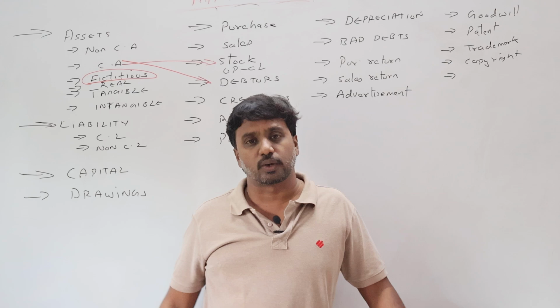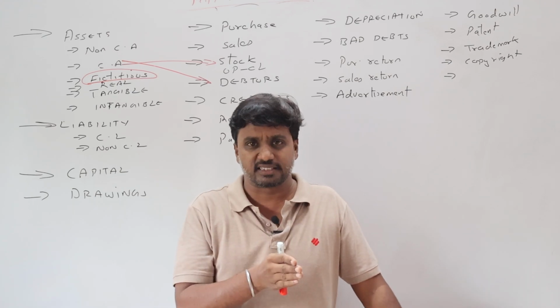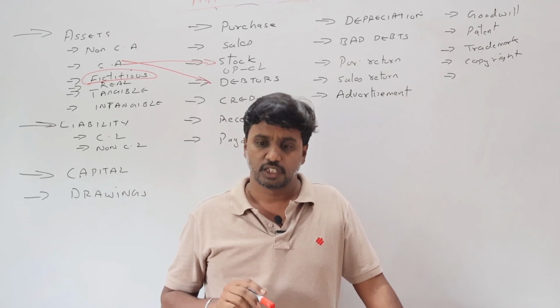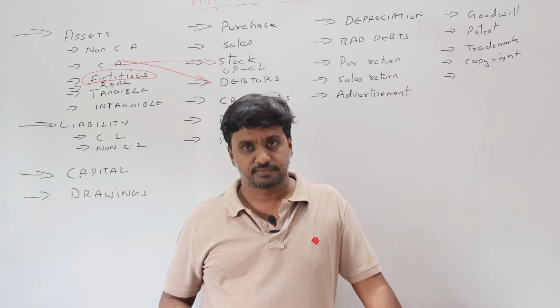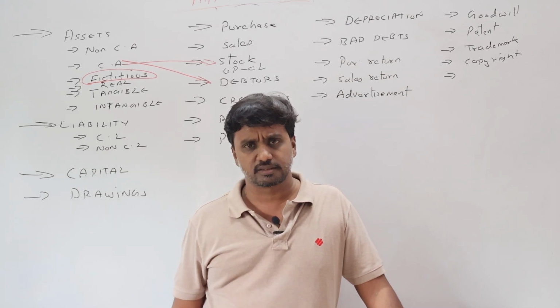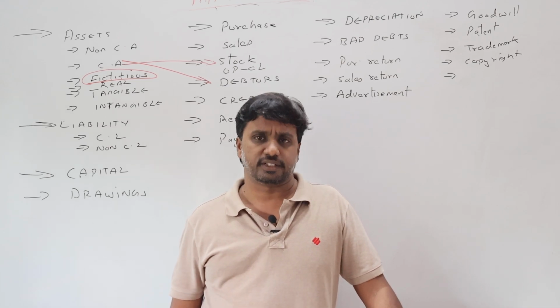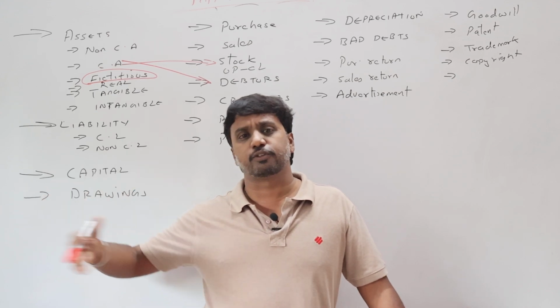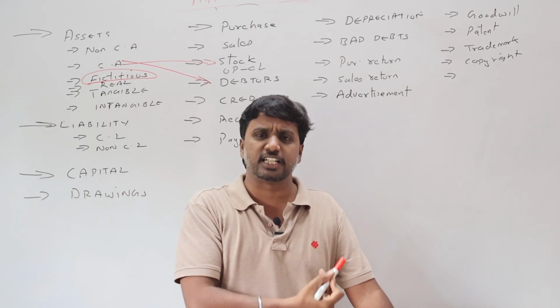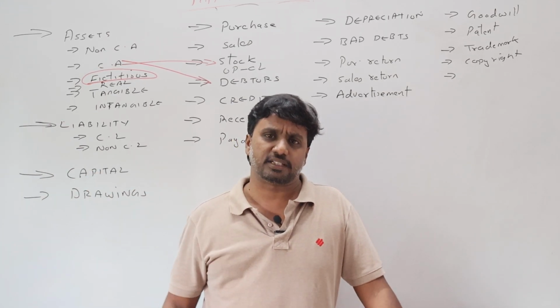In business, sometimes what happens, so far I gave you real life examples, now let me give some business examples. You have paid a large chunk of money for certain expenses, advertisement expenses, but you are not getting any benefit out of it. Or else you are expecting that you will get the benefit in a couple of years, 3-4 years down the lane. For example, you have done a big advertisement expenditure costing 4 lakh rupees.